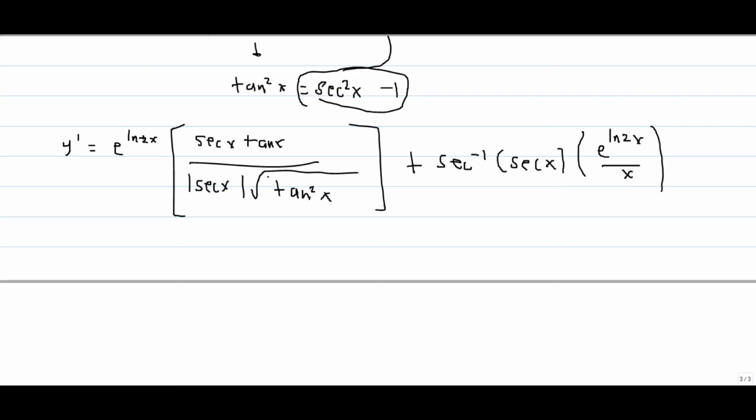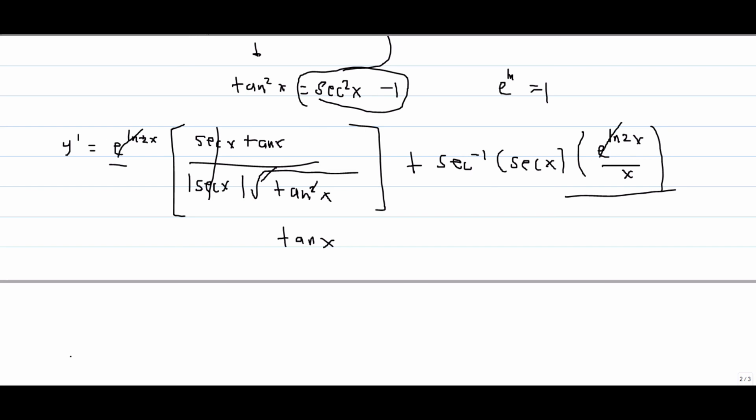Okay, so next, since we have the square root of tan squared x, we can now cancel so that we obtain tan x. Then secant x in the denominator and secant x in the numerator, we can cancel. Then in terms of e to the power ln 2x, take note that e to the power ln is considered equal to 1, so we can also cancel.